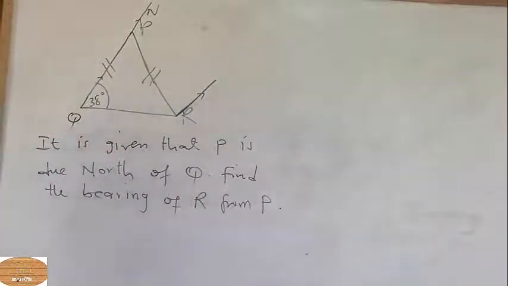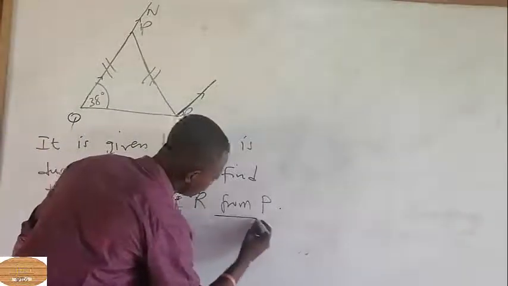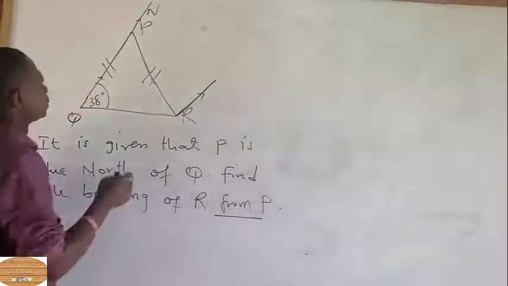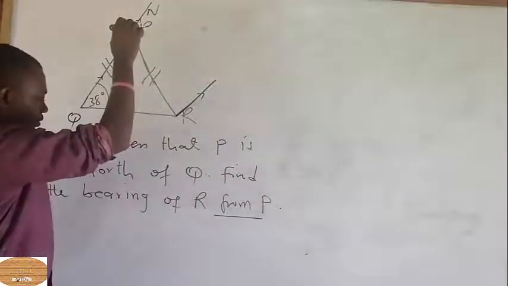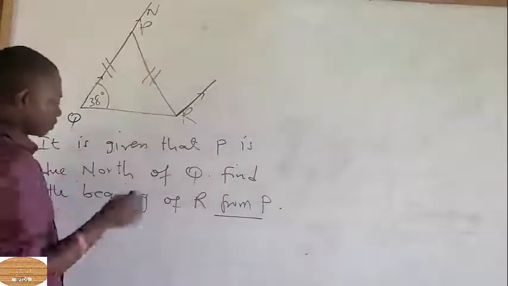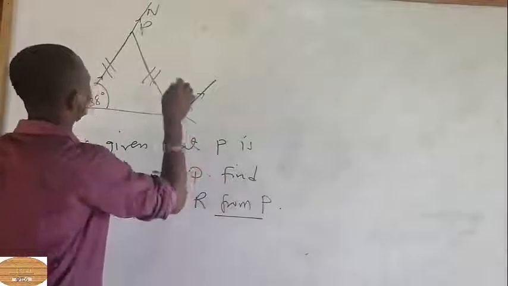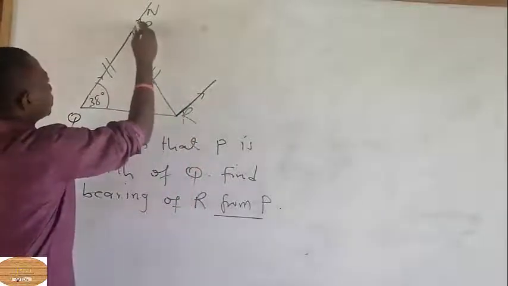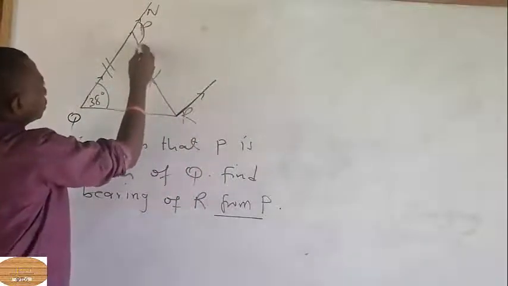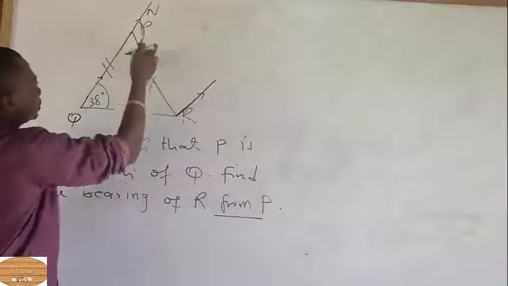So we are going to find the bearing of R from P. So from P is a certain point. So find the bearing of R from P. So this side, we are going to calculate this angle.